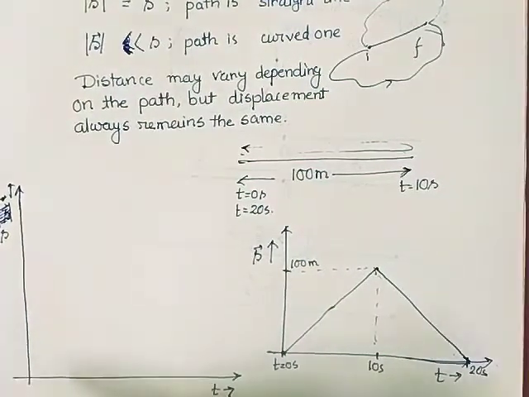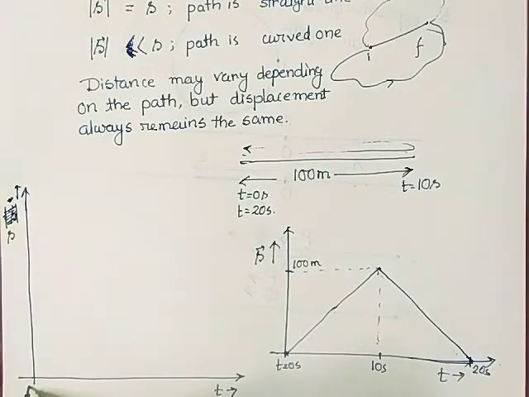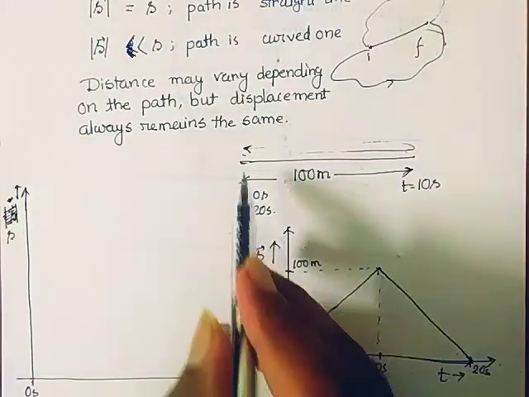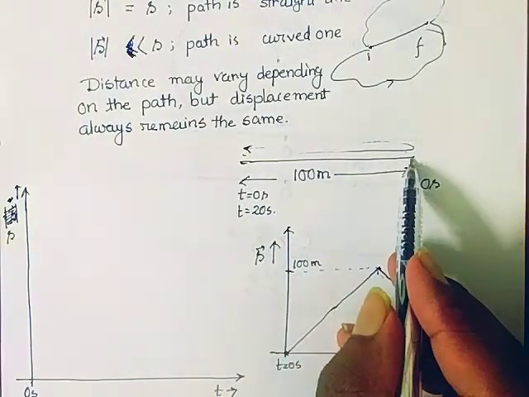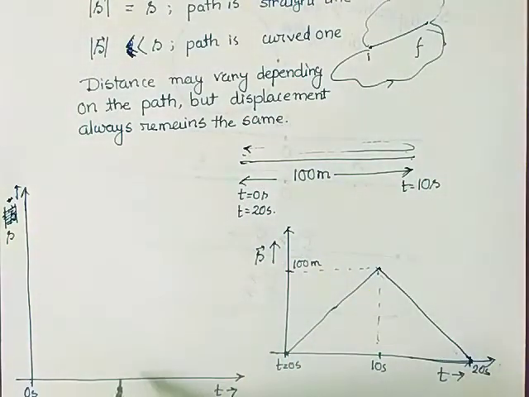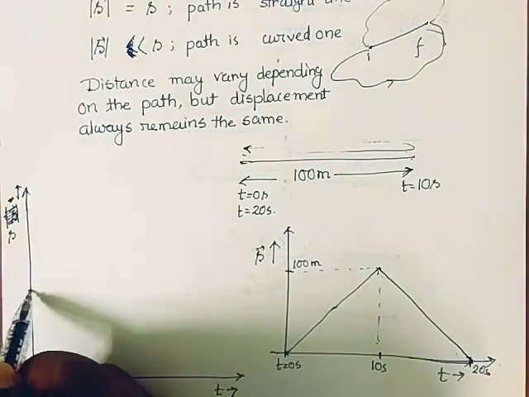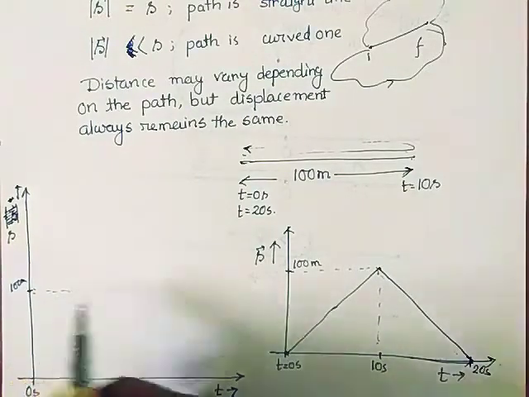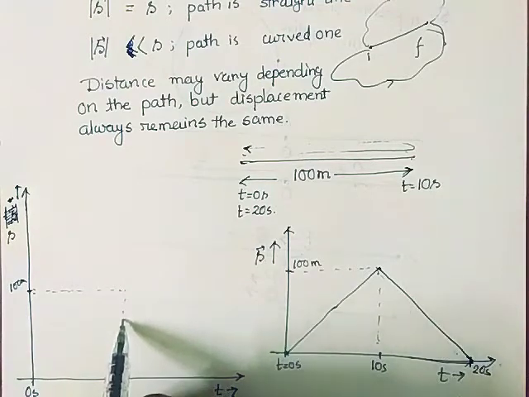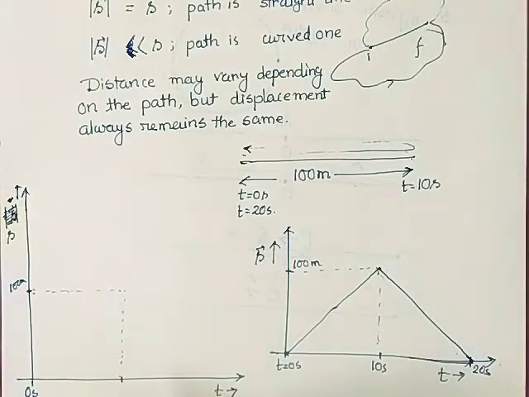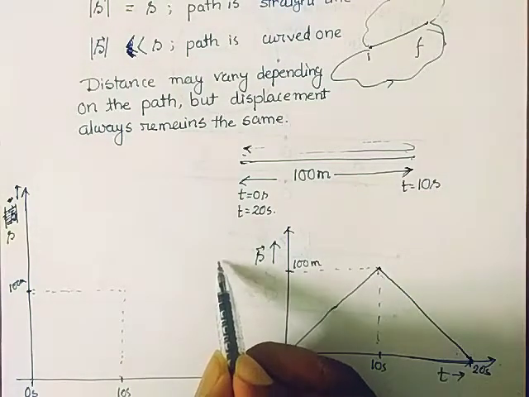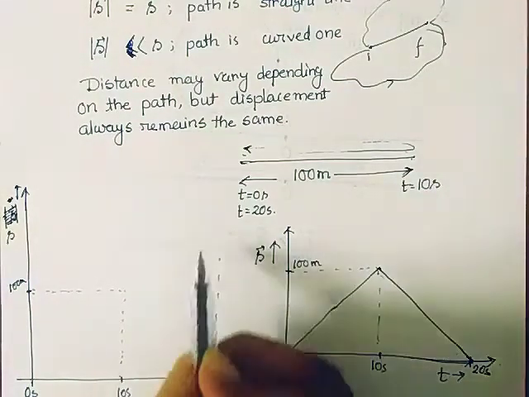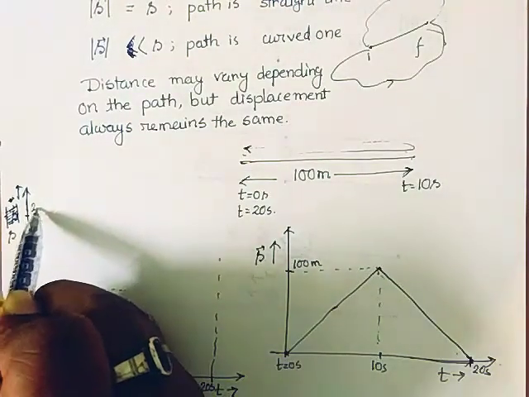At t equal to 0 seconds, it is at the starting point, and at t equal to 10 seconds, it is at the 100 meters. Now from t equal to 10 seconds to t equal to 20 seconds, the distance is equal to 200 meters.